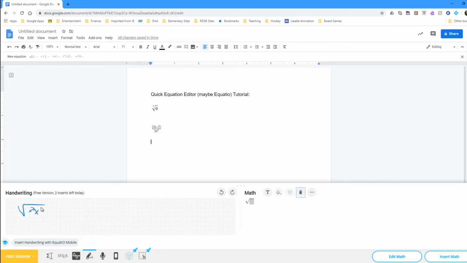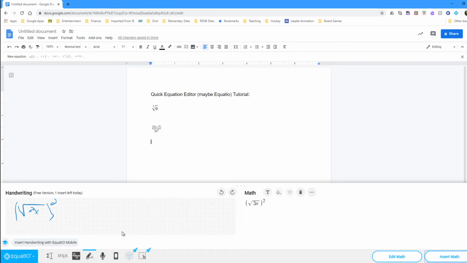I don't even know if it'll recognize that. Yeah, it did. See? Over here, it changed it to 3x, so it actually recognized my handwriting. I could put a bracket around there, put a power of 2, and it should, within seconds, update that. Okay? So that's pretty cool, right? And then if it worked, you would just click on Insert Math, and it's supposed to insert it in here. I don't know why it's not working right now.